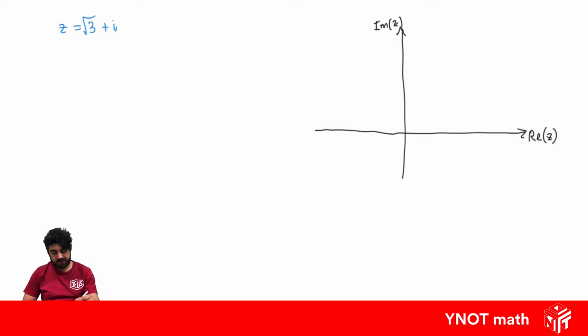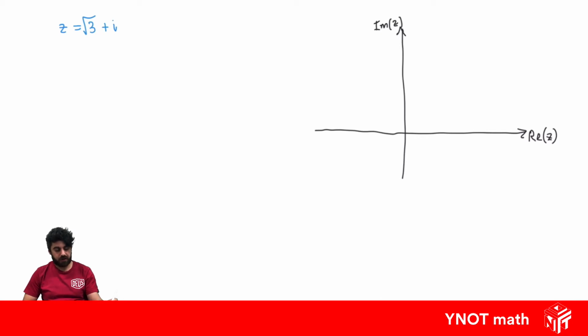Now, on our real axis, we have 0, 1, 2, 3, even pi, e, negative real numbers, and our imaginary axis consists of all the imaginary numbers. So i, 2i, 3i, minus i, minus 2i, minus 3i. And we can use this Argand diagram to plot complex numbers.